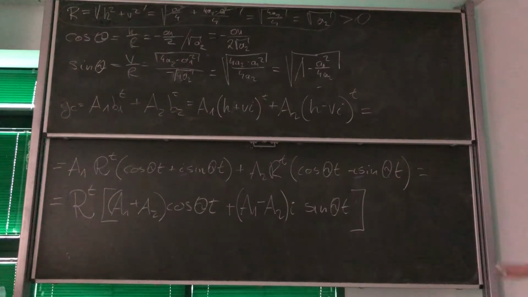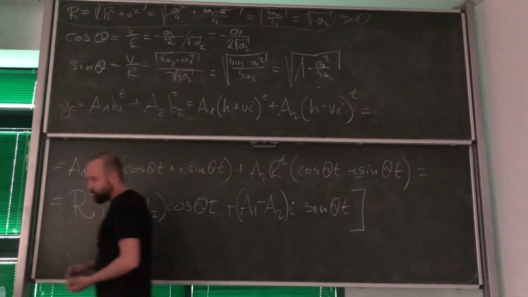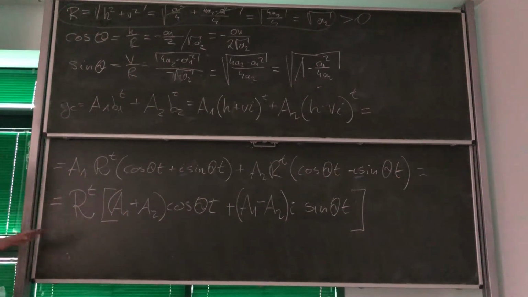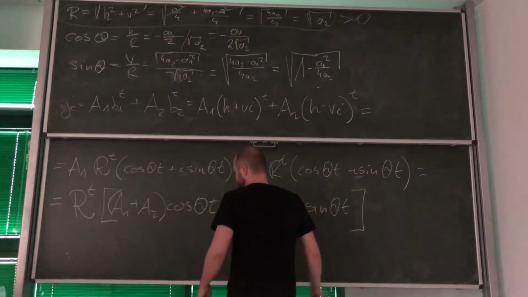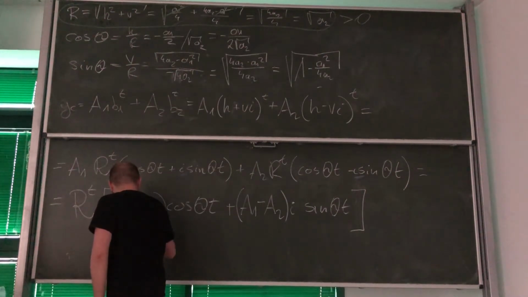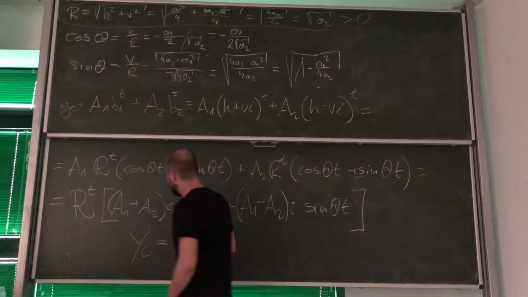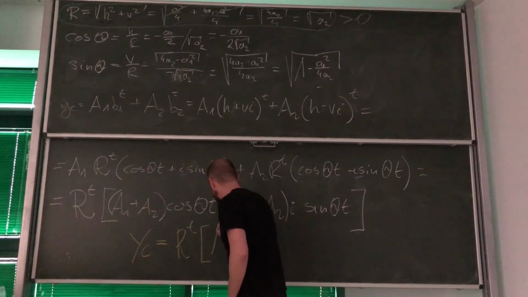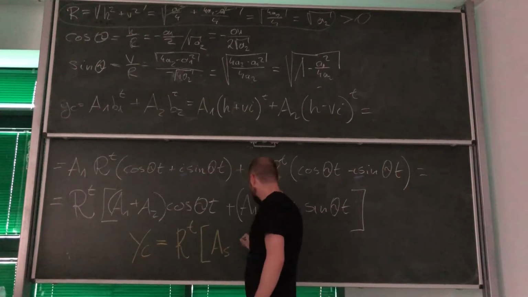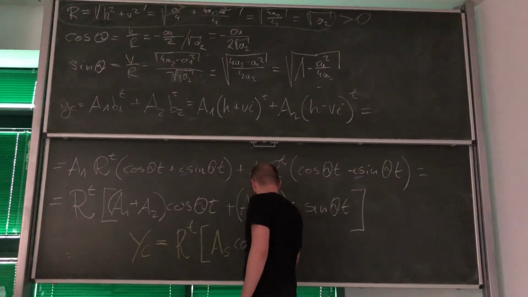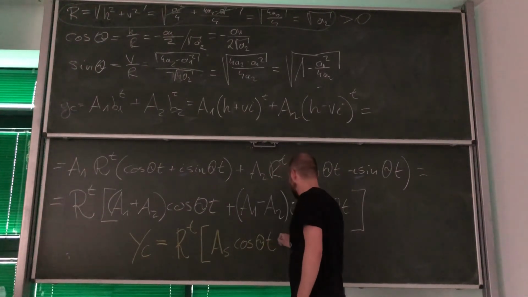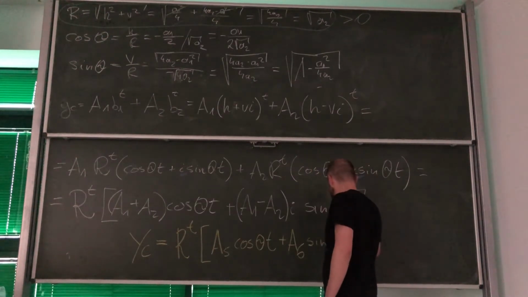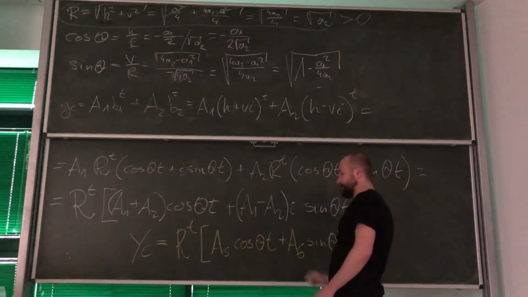And look, this brings us actually to the final formula for the complementary function of a second order difference equation in the case of complex roots. And it looks like that. Then yc is r^t times a5 cosine theta t plus a6 sine theta t.